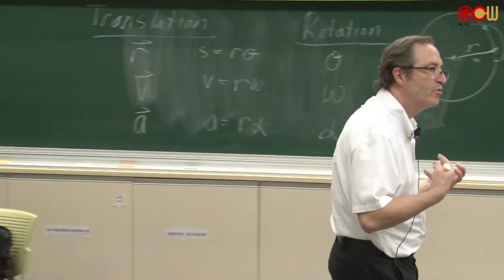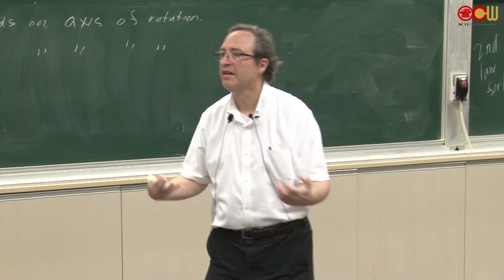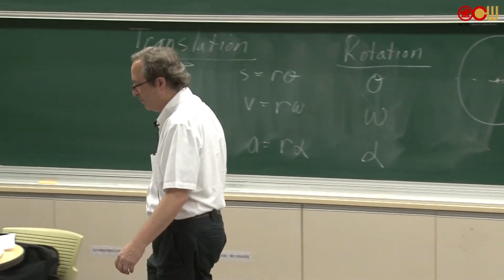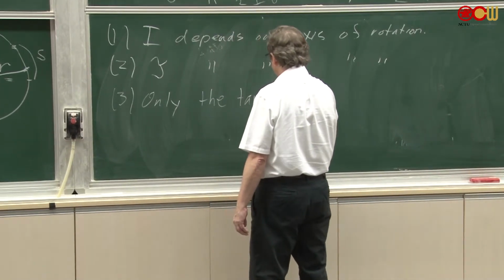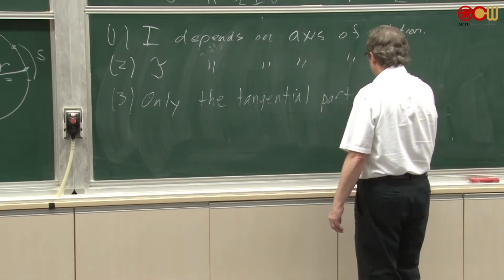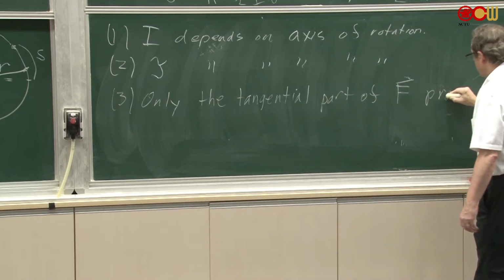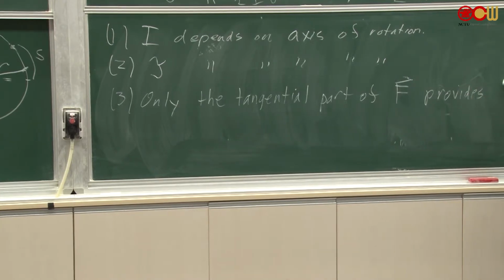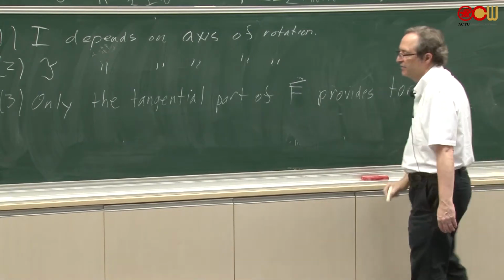So when you compute torques, you have to specify the axis of rotation. That's very important. Only the tangential part of F provides a torque. And we'll make this more mathematical on Monday, next class.